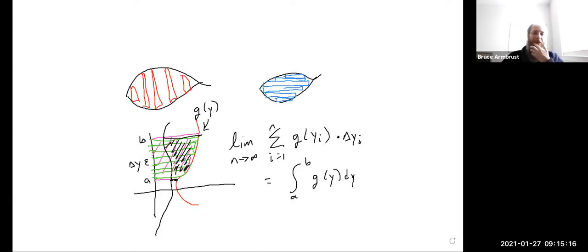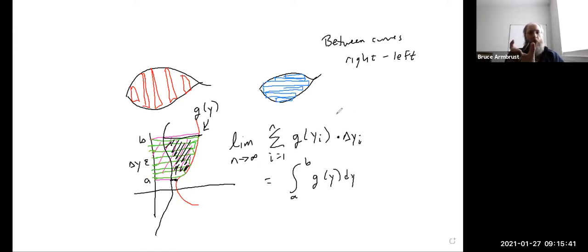If I want the widths of the rectangles, instead of top minus bottom, it's going to be right minus left. So if we're looking at this in terms of y, if we go between curves, we're going to do right minus left. That's going to give us the width of those rectangles, and the heights of those are all going to be the dy.